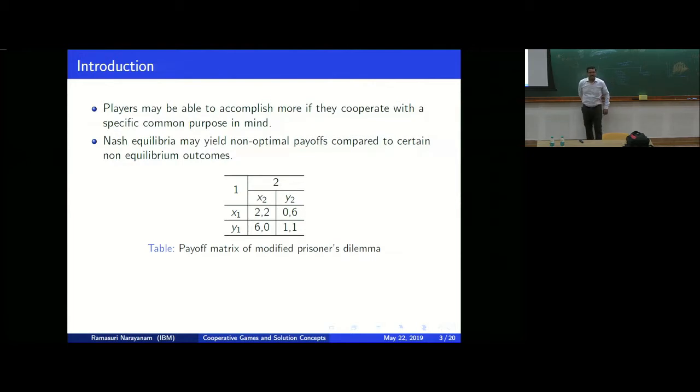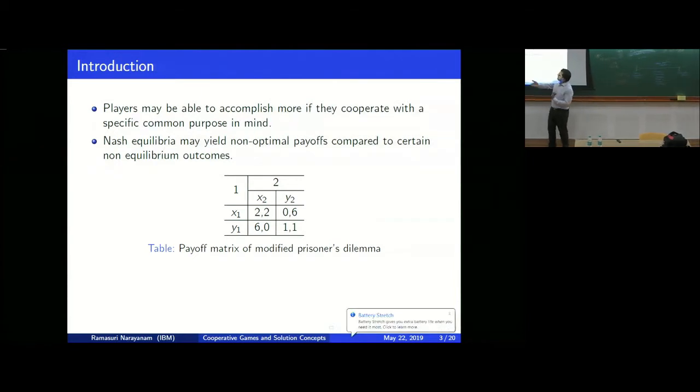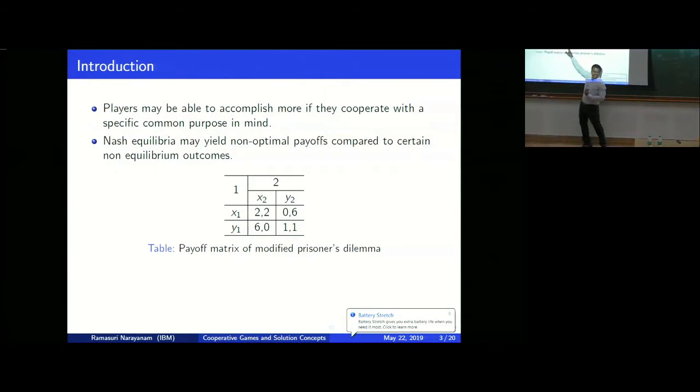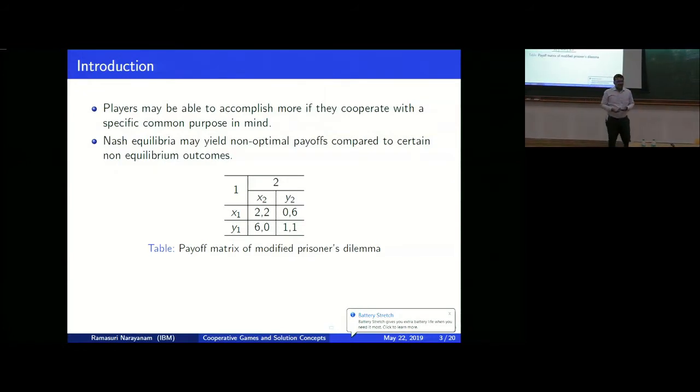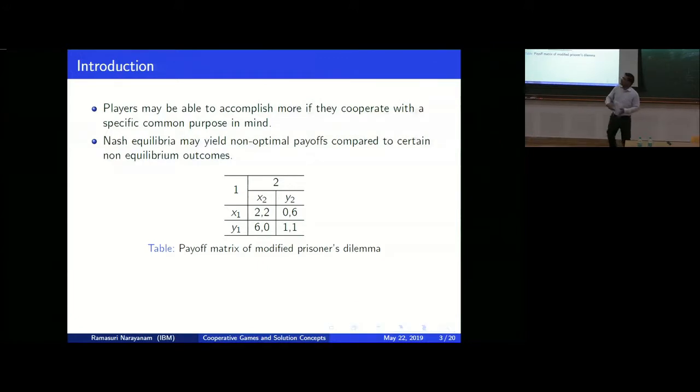Absolutely, that's the reason. So they assume that in the next round, I'm the first player, you are the second player, I assume that you continue to play x2. So if I switch from x1 to y1, 2 to 6, my payoff is better off, right? So suppose if the other player continues to play x2, I'm a really rational and selfish player, I move from x1 to y1, my payoff is improved.